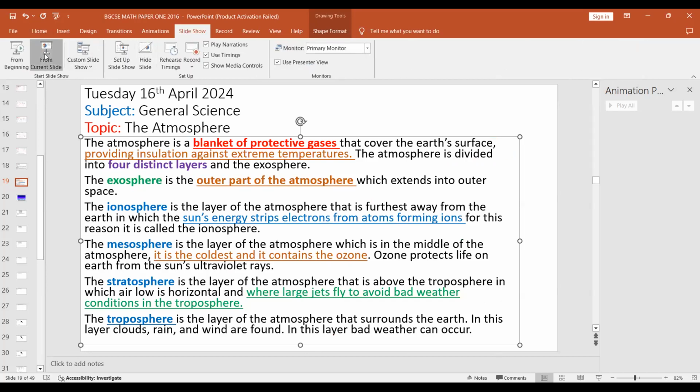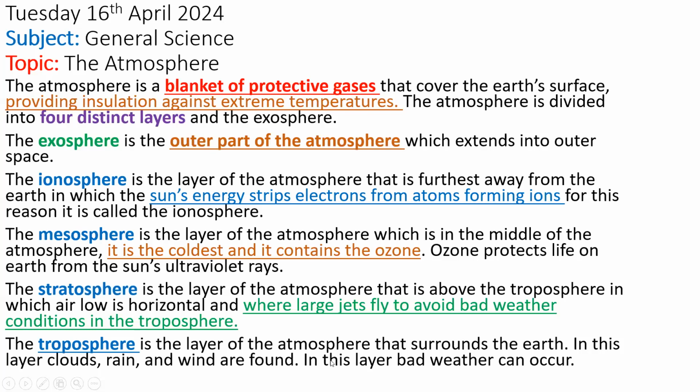Okay. So, question: what is the part of the atmosphere where bad weather can occur? Name the part of the atmosphere where bad weather can occur. Troposphere. Troposphere, very good.